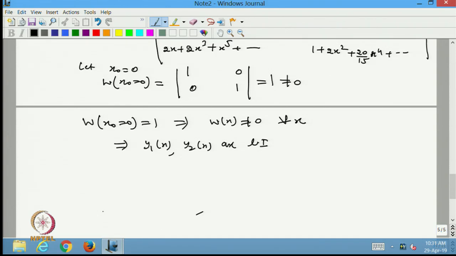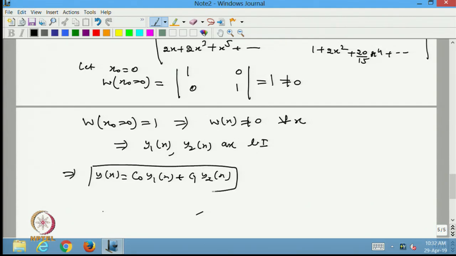In this case you have seen that the solutions y1(x) and y2(x) are polynomials of not a finite degree. So, I can say that my y(x) is an infinite series, C0 y1(x) plus C1 y2(x).